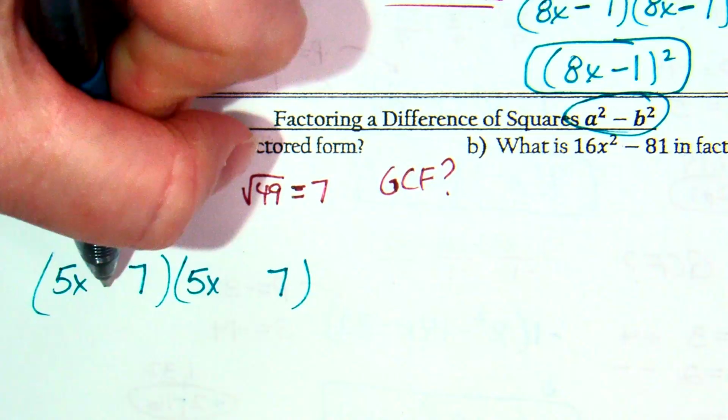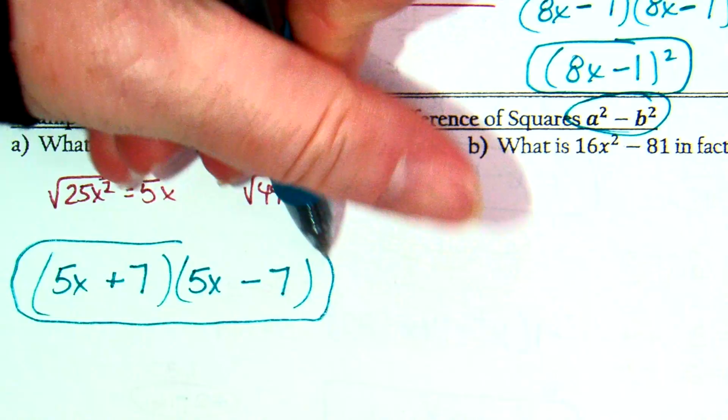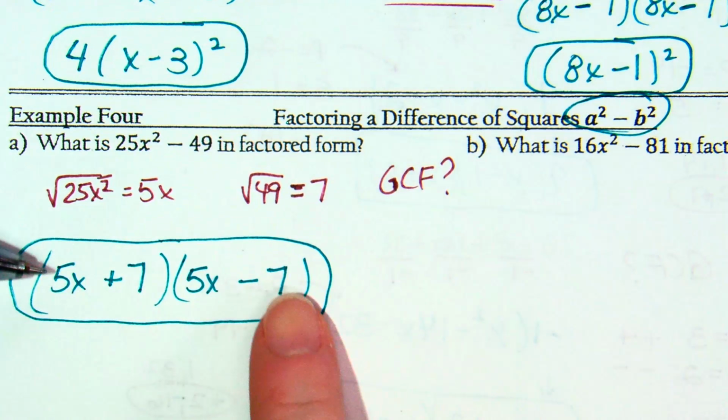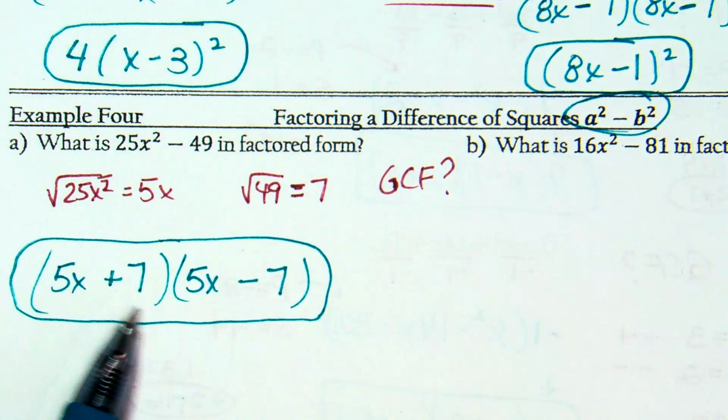You need a positive and a negative. And by having a positive and a negative, what happens to your middle terms? If you think about your outsides and your insides that are supposed to create that middle x term, what happens? You'd have a minus 35x and a positive 35x that are going to cancel out. So that's how I know my signs have to be opposite, because it allows my middle term to cancel and it multiplies to be negative 49.